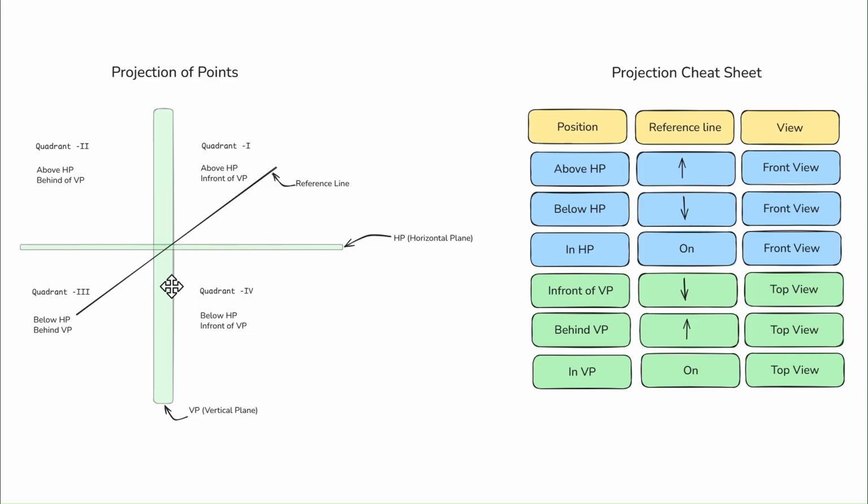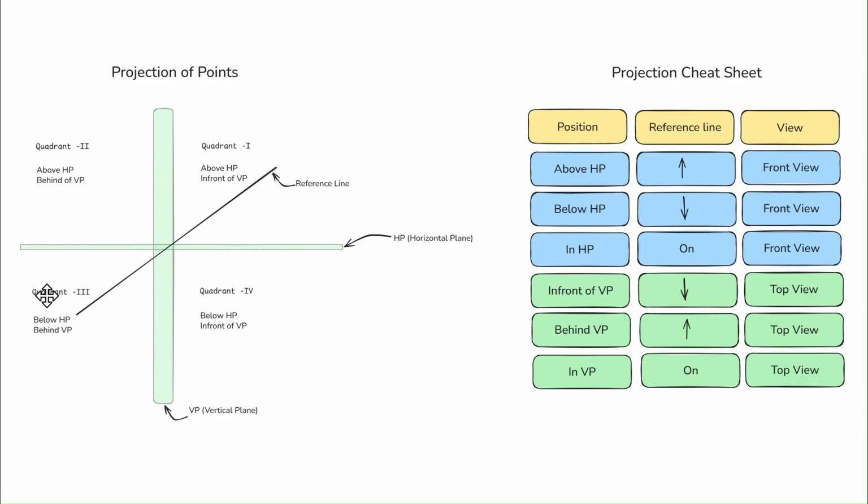The intersection of these two planes will create 4 quadrants, as you can see. So you need to understand this. Any point which is above the horizontal plane and in front of the vertical plane will be in quadrant 1, above HP and in front of VP. Similarly, the points in quadrant 2 will be named as above HP and behind VP, because it is the back side of the VP.